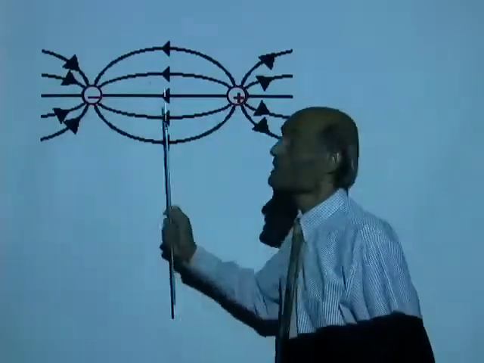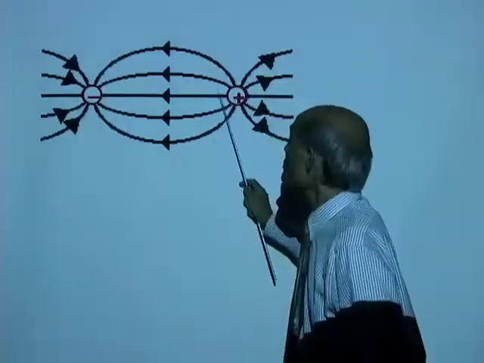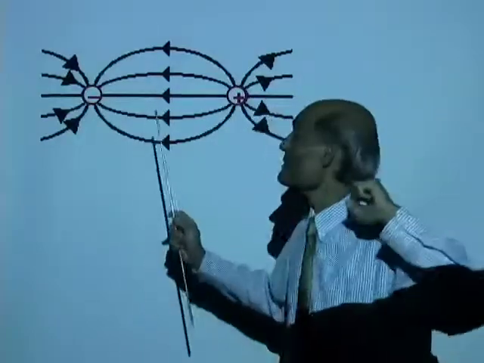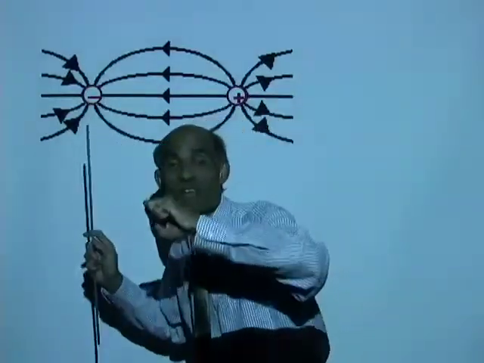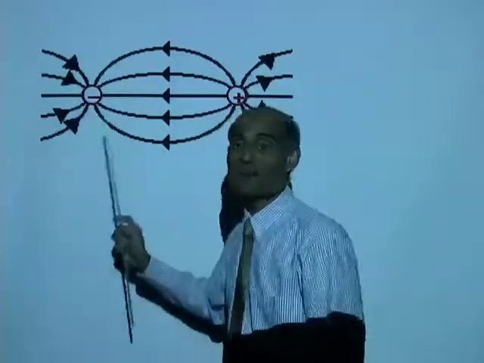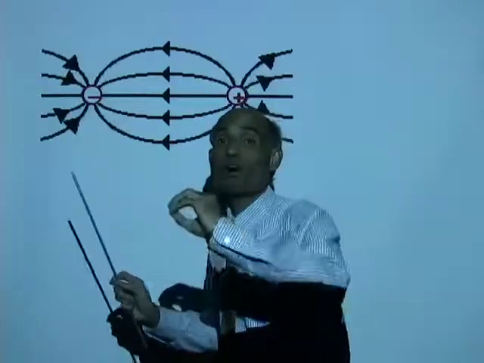Now, one thing we must understand: if the potential due to a positive charge is a high potential, then the potential due to a negative charge will be a low potential. You see that? Remember the direction of motion of a positive charge.